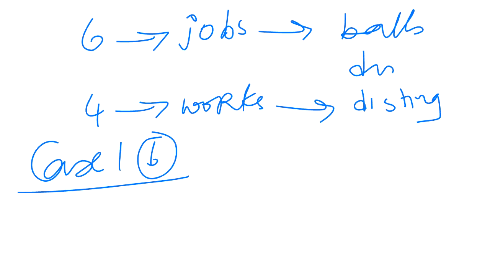That is going to be the formula n comma k. You cannot simply have 2 distributions.